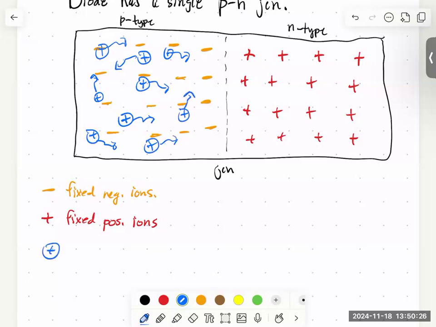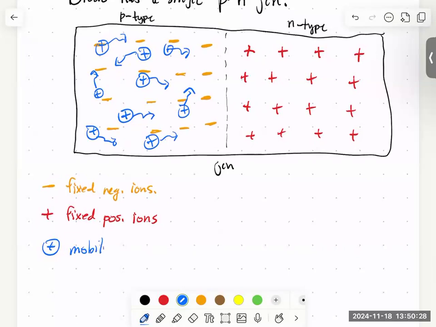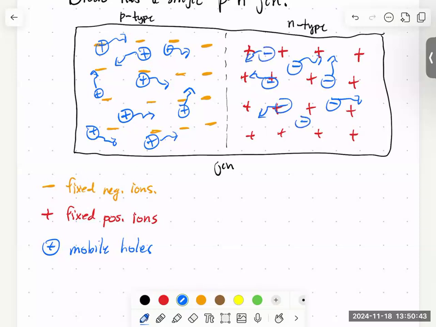Okay, so these are mobile holes. And then on this side, we have mobile electrons. This device is going to be our diode.